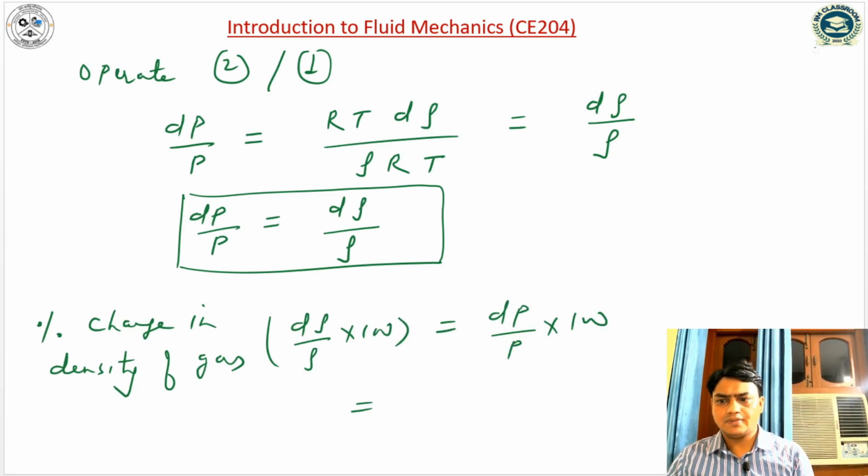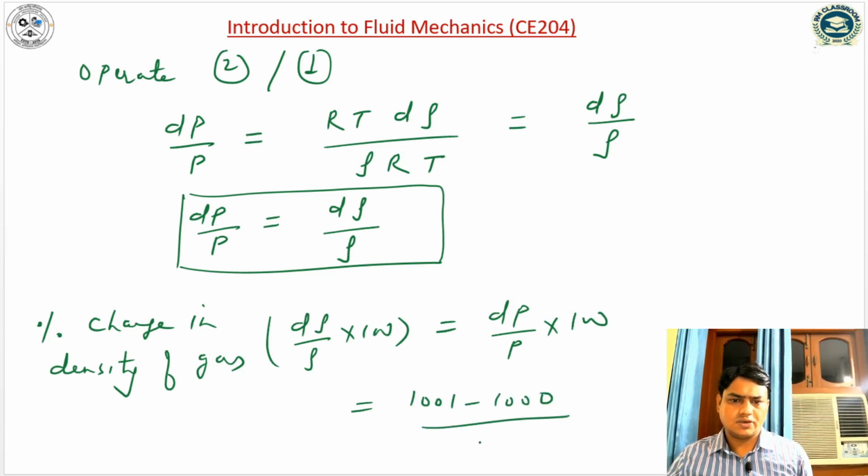So it will be 1001 minus 1000 divided by 1000 into 100.